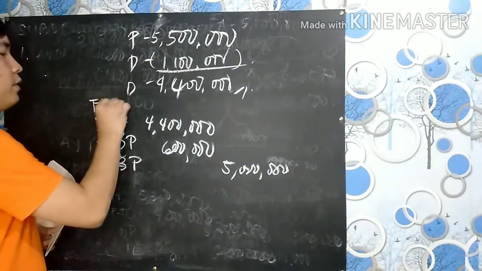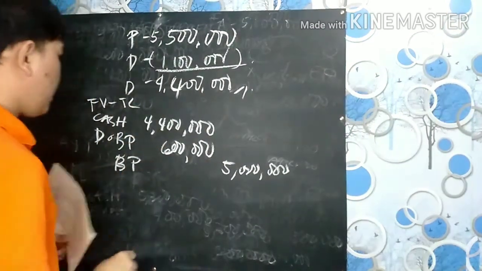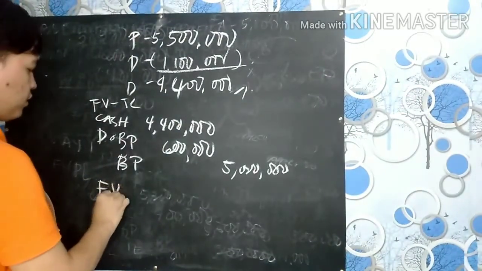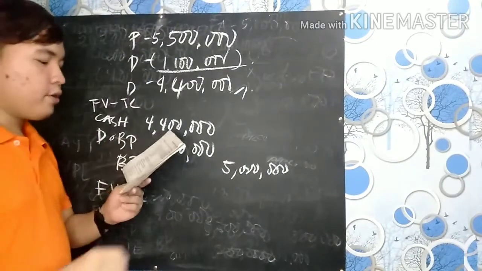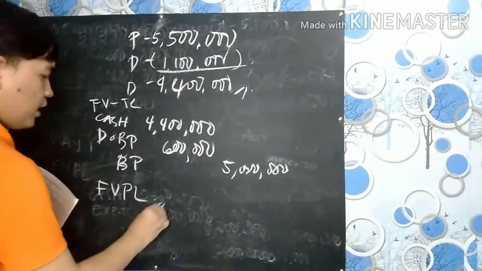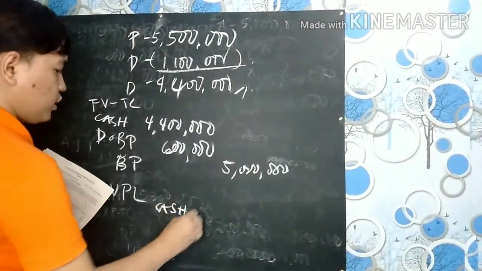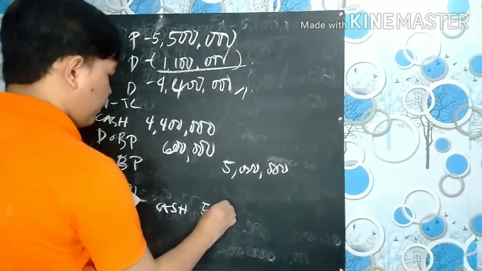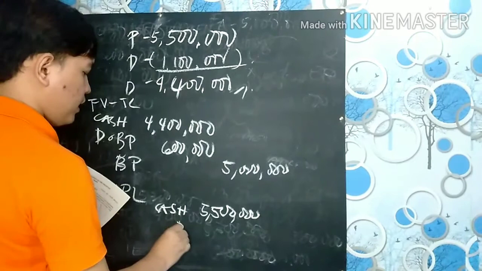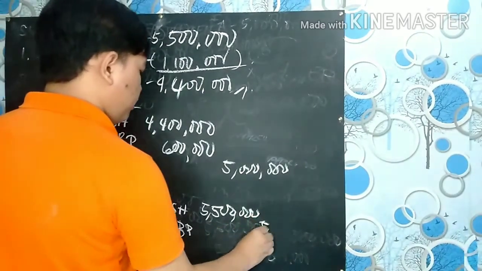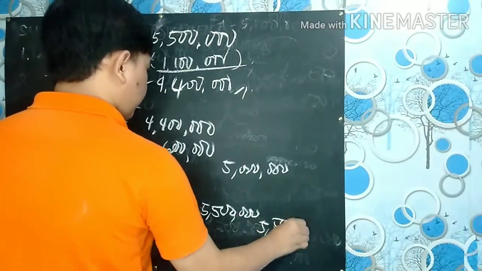Under fair value less transaction cost. How about fair value through profit or loss? Of course, debit tayo ng cash, 5,500,000. Right? Credit tayo ng bonds payable, 5,500,000.